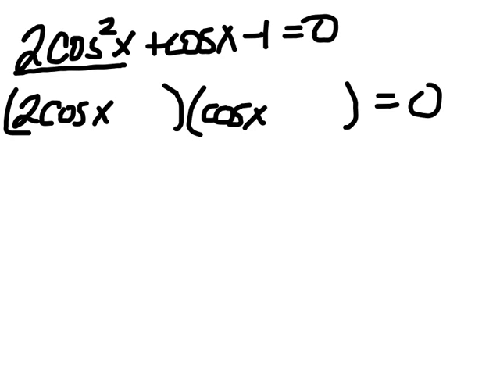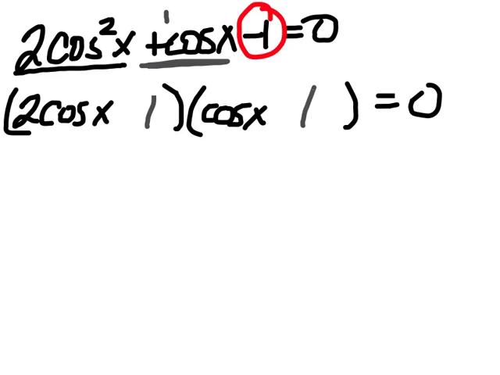And if I'm going to get a negative 1 for the constant term right here, it's going to be plus 1 and minus 1. Either way, it's going to be 1 times 1. And now I just have to mess with the signs to see what would work out to give me a positive 1 cosine x in the middle, and a negative 1 on the end.